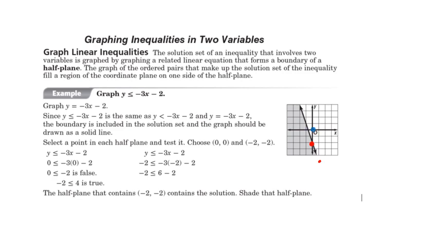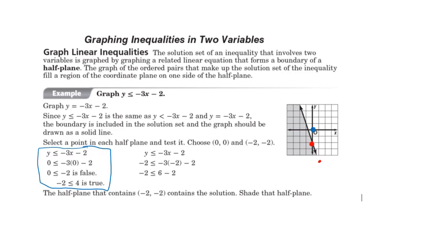And if we substitute that into the inequality, y is 0, x is 0. So negative 3 times 0 minus 2, 0 minus 2 is negative 2, and I get 0 less than or equal to negative 2. Well, that is not a true statement.